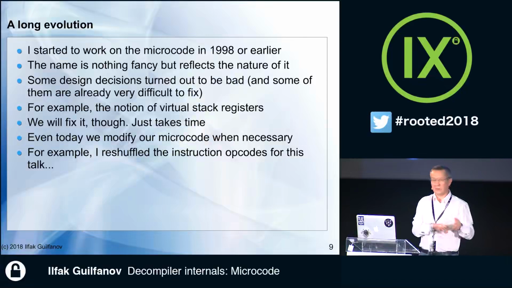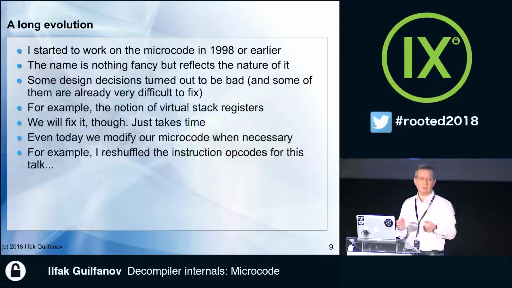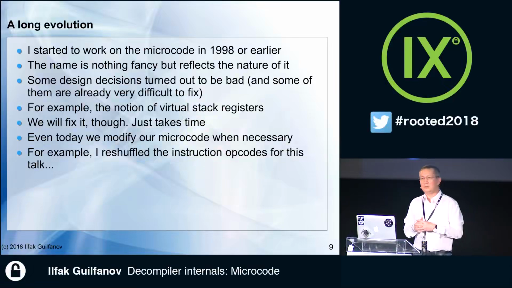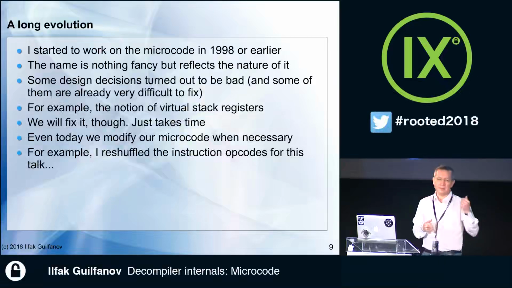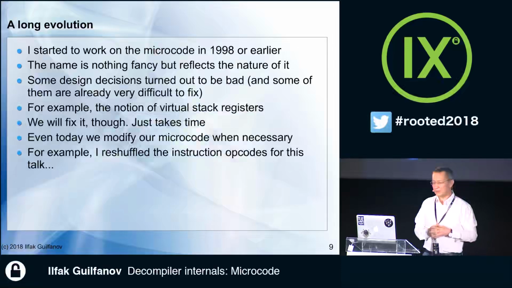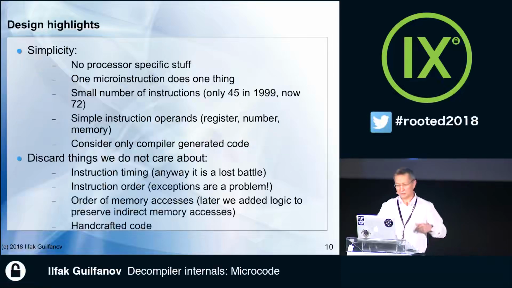Our microcode had some shortcomings, some bad design decisions, and therefore we had to reverse them, change the microcode. So it was an evolution, a very long evolution. Even today, we suffer from the bad design decisions that we made in the past. We'll try to fix them, but some of them are very difficult to fix. Anyway, I think I better continue with the description of microcode.